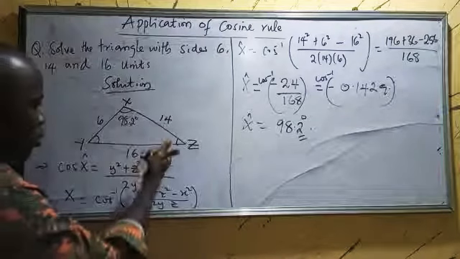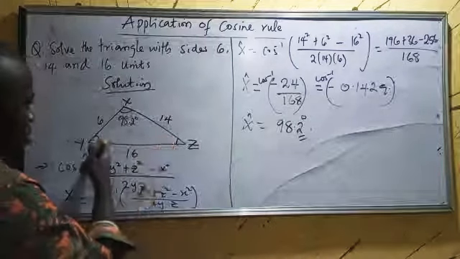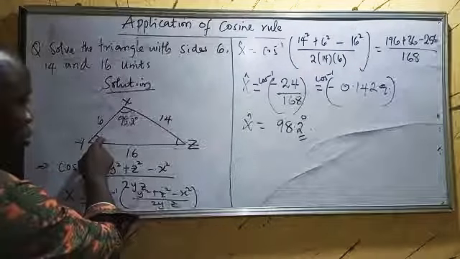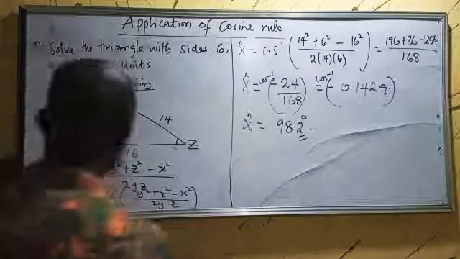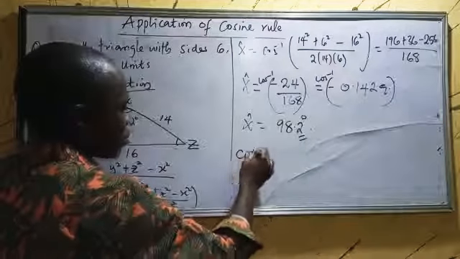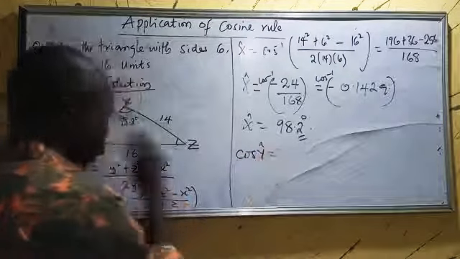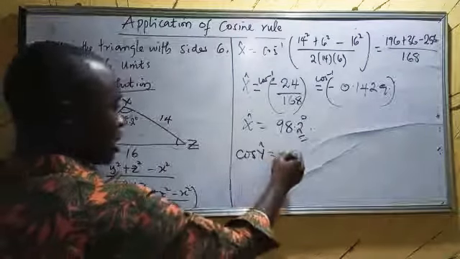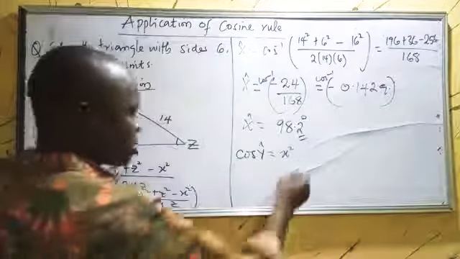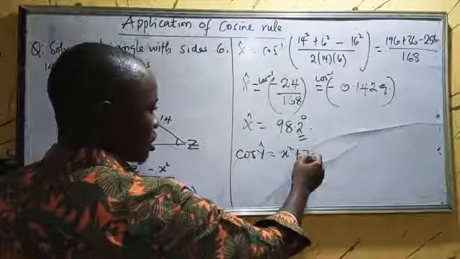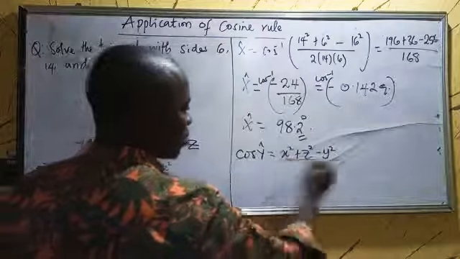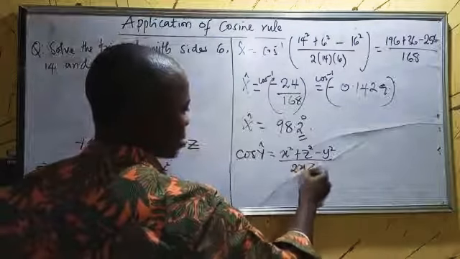So if you want to know the second angle here, let's say we want to know our y, we use the same thing. So cos y will be equal to, you can see we pick y, so this will be x squared, look at the pattern, plus z squared minus y squared over 2xz.